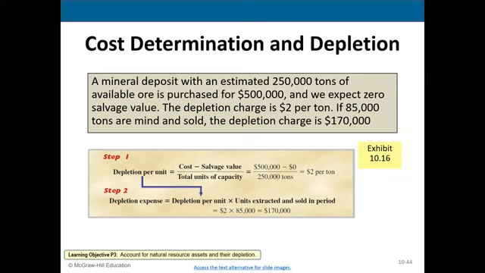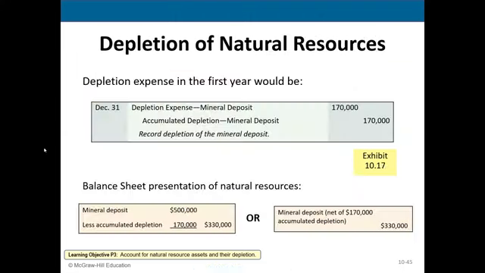I want you to think of this as the same way that when we talked about units of depreciation. Works the same way. So this would be the journal entry we would make. Debit depletion expense, and we credit accumulated depletion. You see, works the same way.